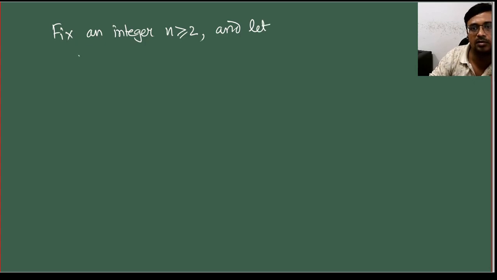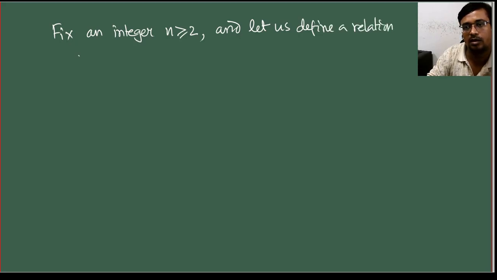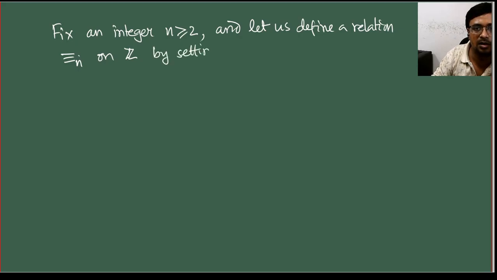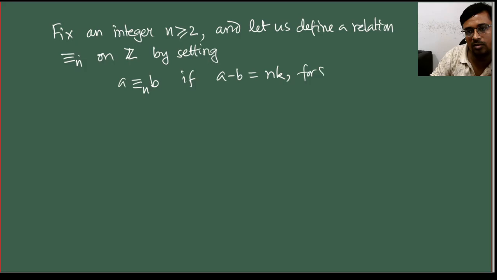Take n an integer, n at least 2, and let us define a relation on Z by setting a congruent to b mod n if a minus b equal to nk for some integer k.